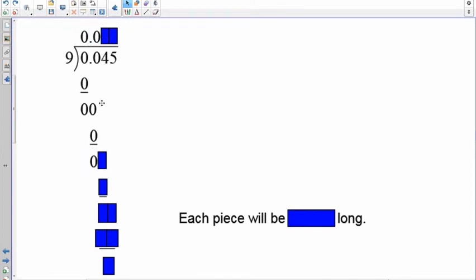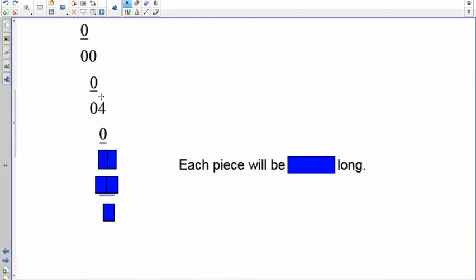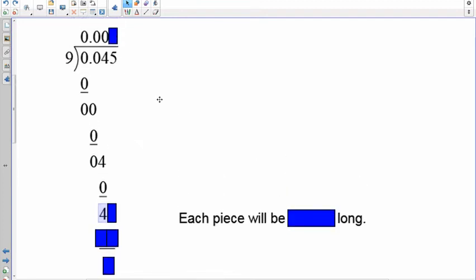Now you can bring down the next digit, which happens to be the 4. 9 will not go into a 4, so that becomes a 0. 4 take away 0 is 4, and then now you can bring down the 5. 9 will go into 45 5 times. 9 times 5 is 45. And of course, 45 take away 45 is 0. So that means that each piece is going to be 0.005 meters long.